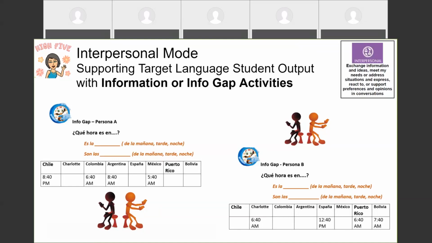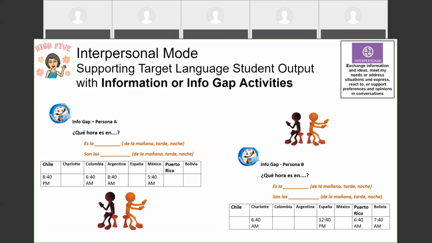Each partner has almost a different piece of information, often presented in a table or graphic organizer. They have the sentence starters, they have the question stems, and they have to work together asking and answering questions in order to fill in their missing information.